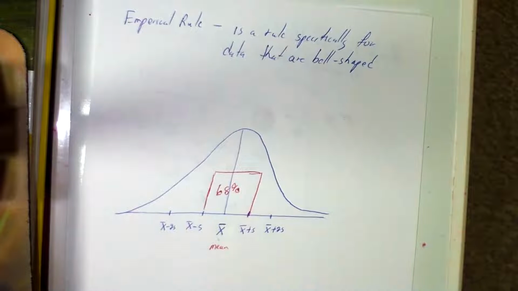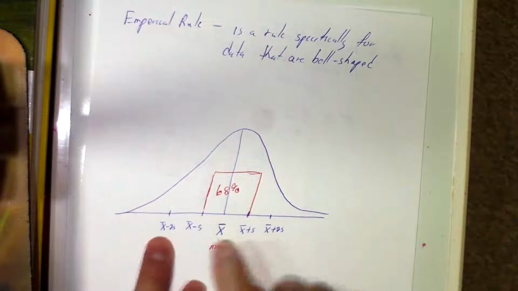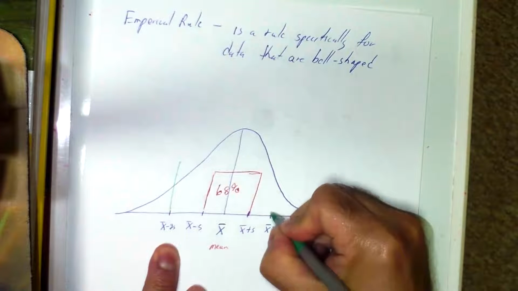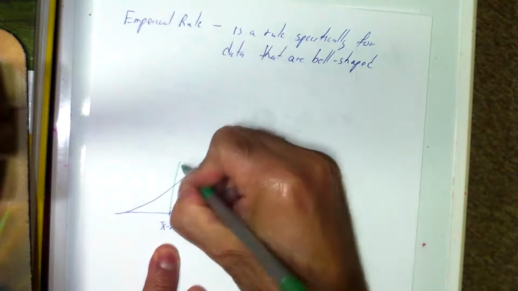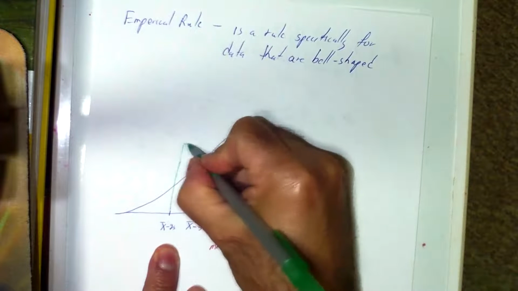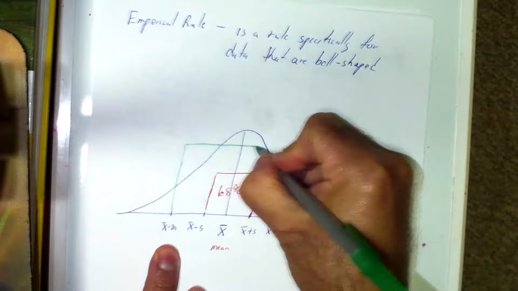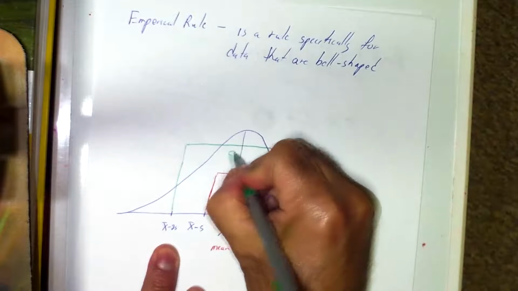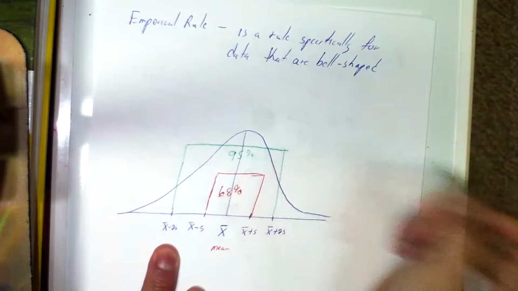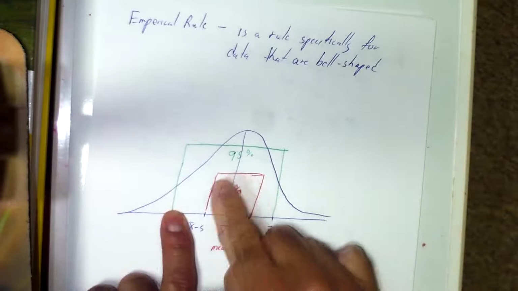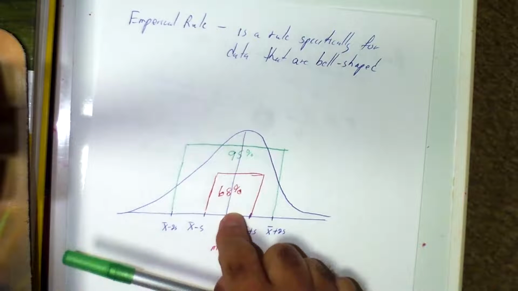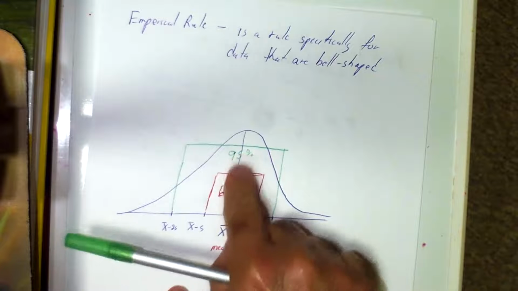The theory goes that if you extend to two standard deviations from the mean and plot all the data, approximately 95% of the data would now fall within the green box. It's enclosing the red too, so the red is included in the green.